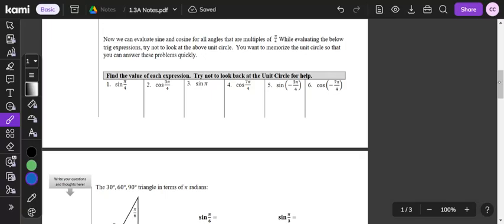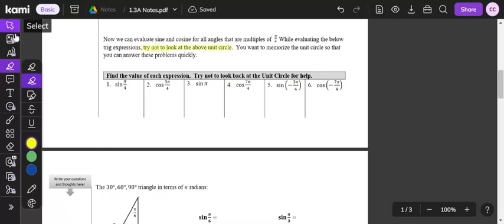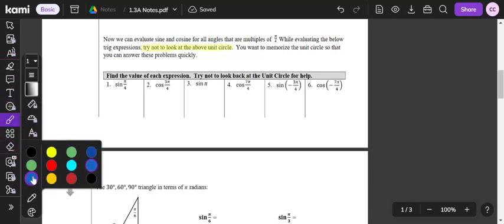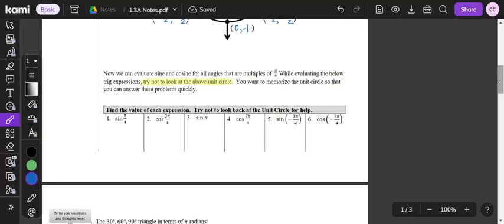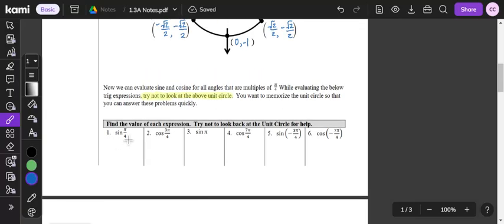All right, now, down here, what you honestly need to be able to do, without looking at the unit circle, is try to memorize what all of these values are. I will show you how to do the first one and then I'll give you all the answers. The way this works is the sine of pi over 4.